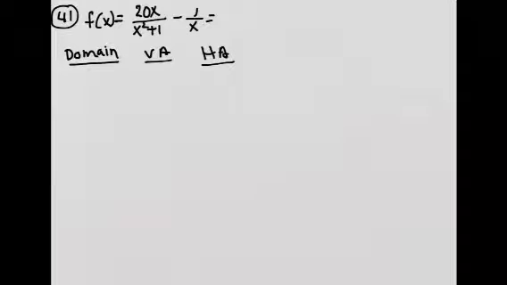Alright, we can subtract these two rational expressions right here to create 1. And so the common denominator is x times x squared plus 1. So I get x squared minus 1 times x squared plus 1 all over x times x squared plus 1.